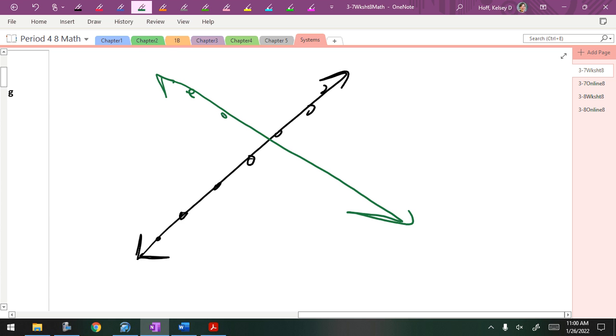And every single point on the green line satisfies that equation. This point right here is technically on both lines. The point of intersection is on both lines. So that point is a solution. It satisfies both equations at the same time. So today we're going to graph 2 lines, and we're looking for their point of intersection.